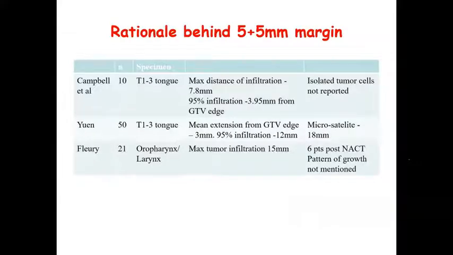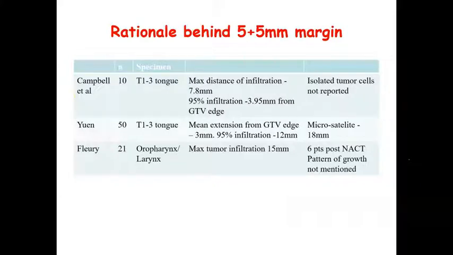So if we look behind these studies, mostly tongue cancer studies, what they looked into was, let us look at where the 95% of the microscopic infiltration is occurring beyond the gross tumor, and let us look at the last of the projection, the maximum peak of the tumor cell. Where is it reaching up to beyond the edge of the tumor?